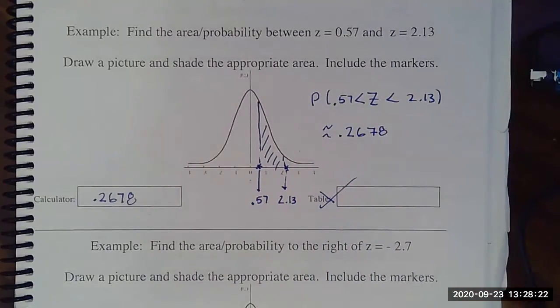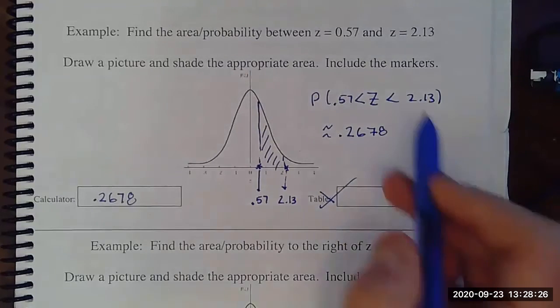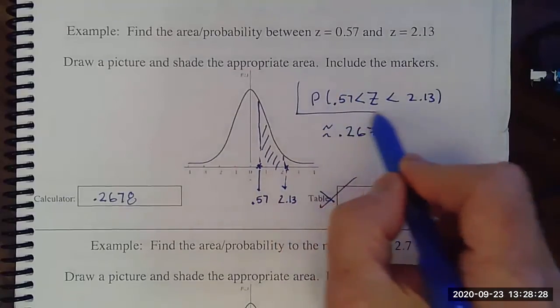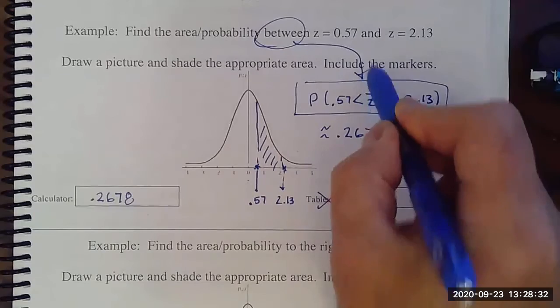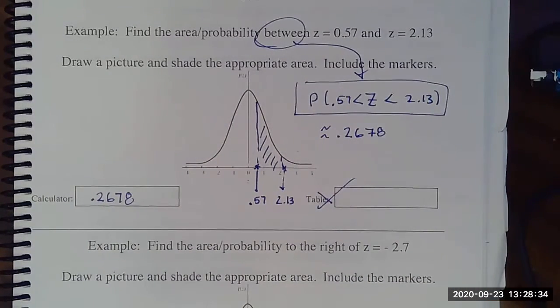The P parentheses 0.57 less than Z, which is less than 2.13. Oh, this right here? Yeah. Because it's between. The word between. But wouldn't the number in between be like 0.57, no, never mind. I just answered my own question. Uh-huh. That helps. Sometimes if you answer your own, that's better than me.